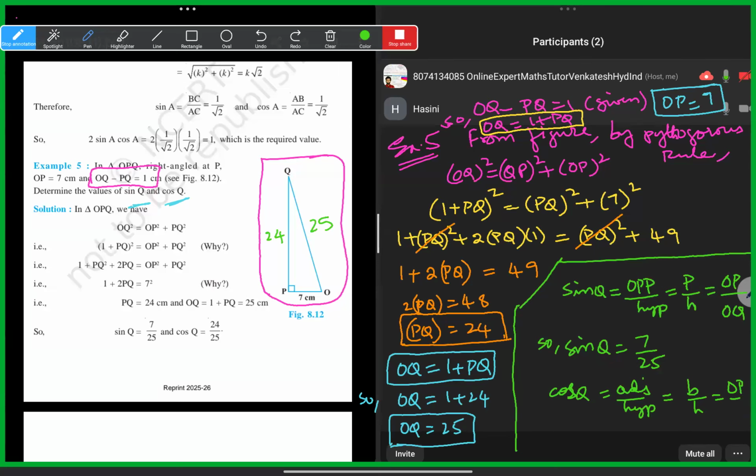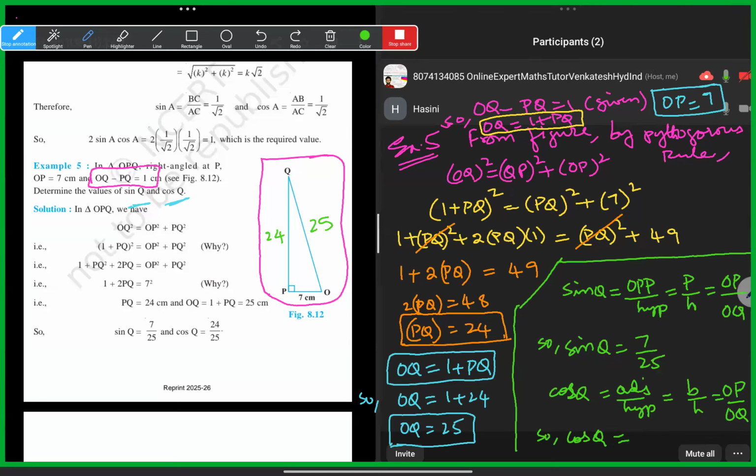So OP by OQ. So cos Q is equal to, what are the values? 7 by, 24 by 25, right, sir?